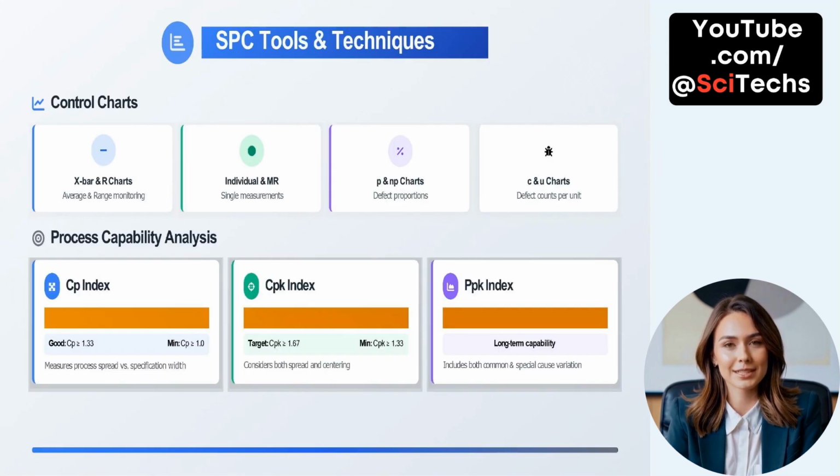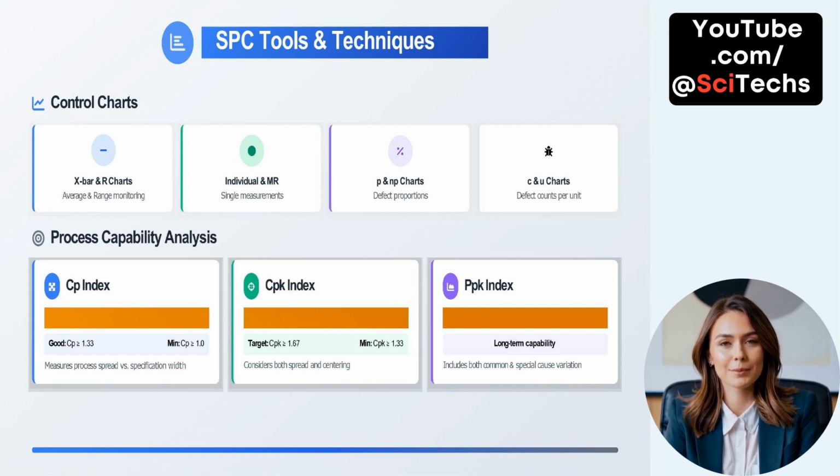SPC tools and techniques. Statistical Process Control, or SPC, provides a framework of tools to monitor, control, and improve manufacturing processes. Key among these tools are control charts, which help visualize process variation over time.